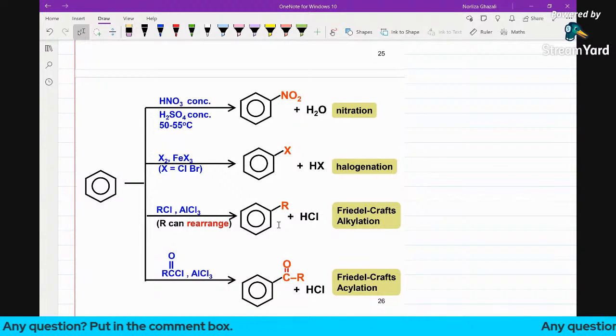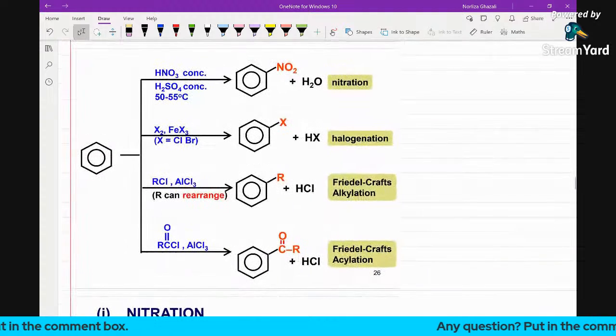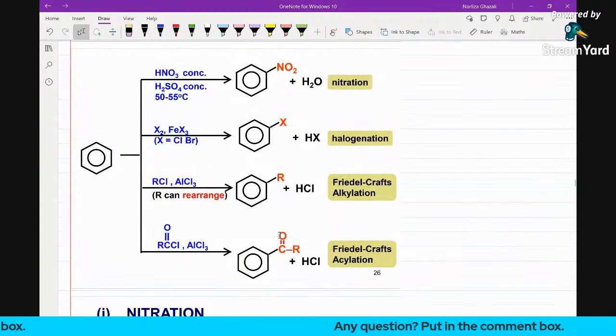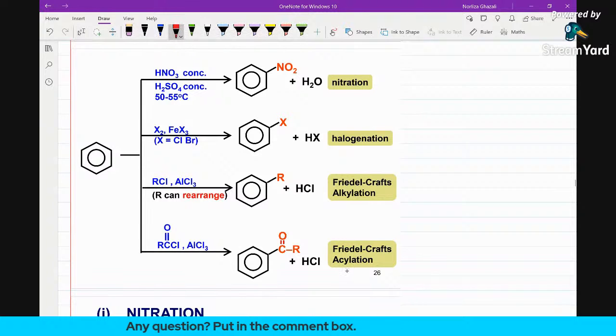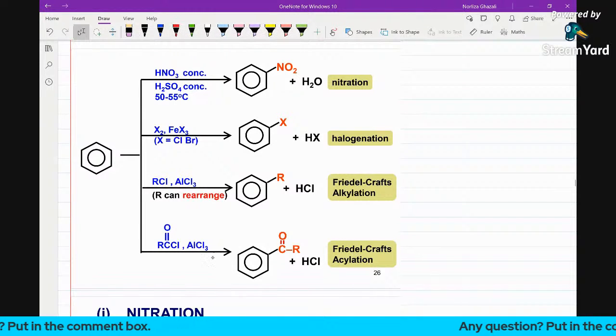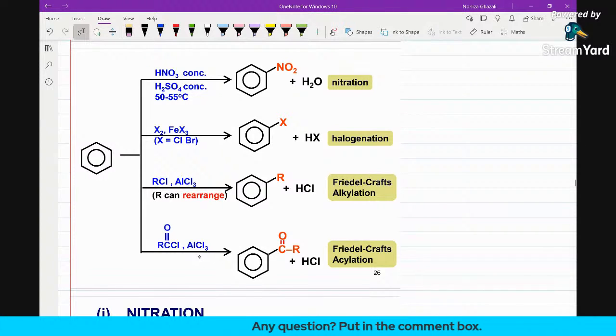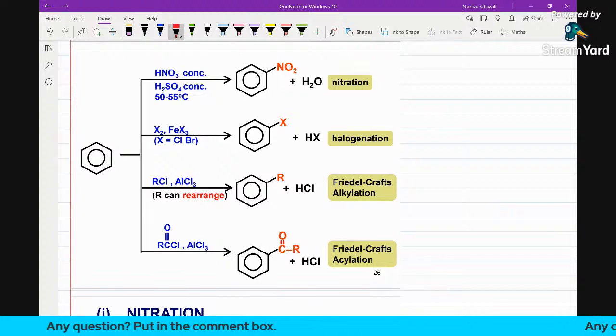And the last reaction is Friedel-Crafts acylation. So we have acyl chloride, RC double bond OCl, and AlCl3, the catalyst.